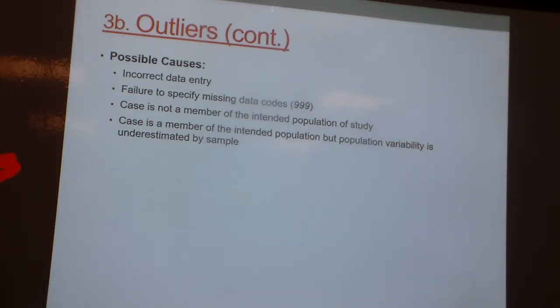Say I'm looking at alcohol use in the population, right? Most people are reporting some number of drinks a day, they're drinking some, and it's sort of in the middle. But it's a small sample. Then we have someone way out there on the high end.